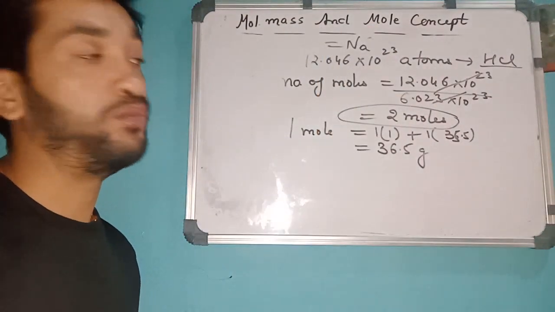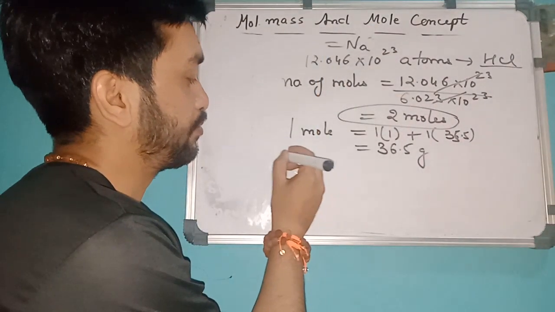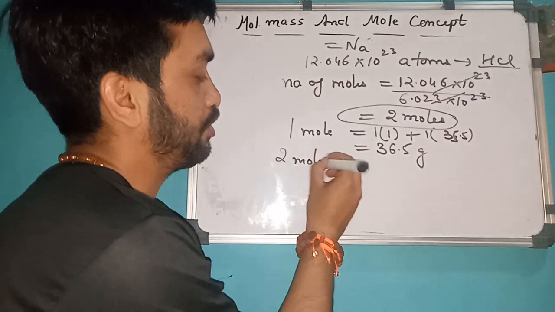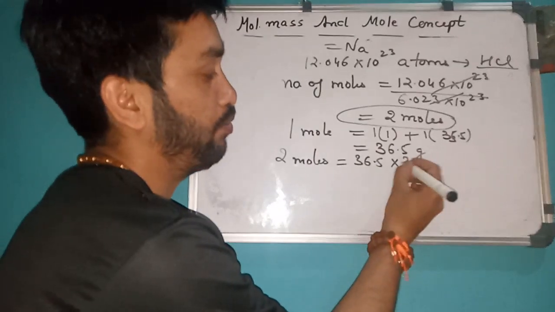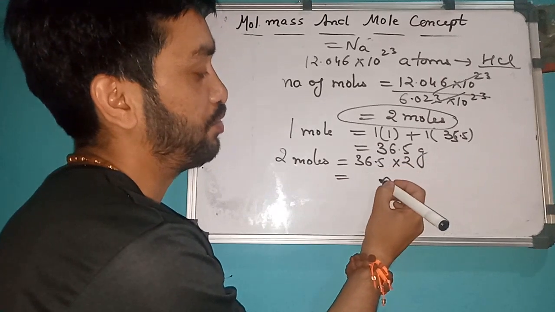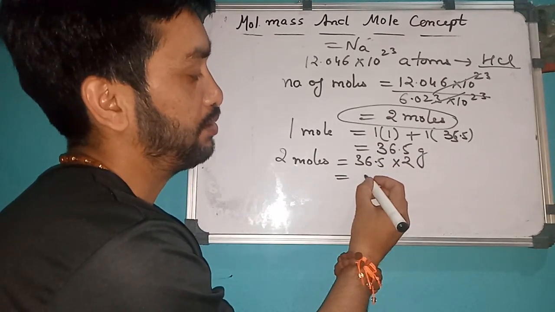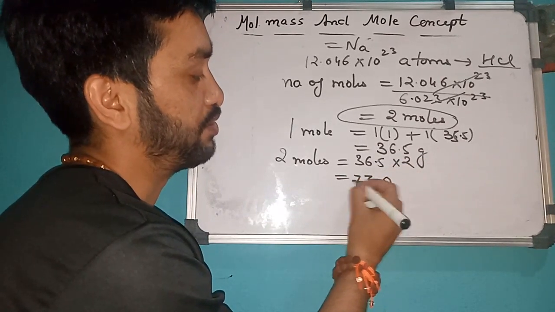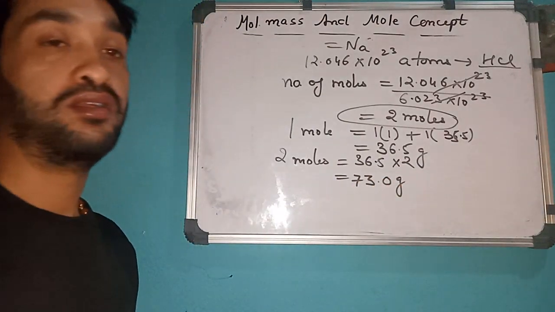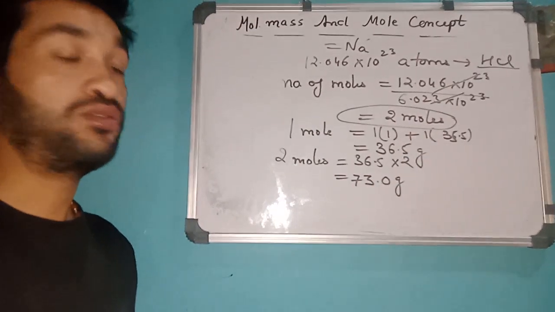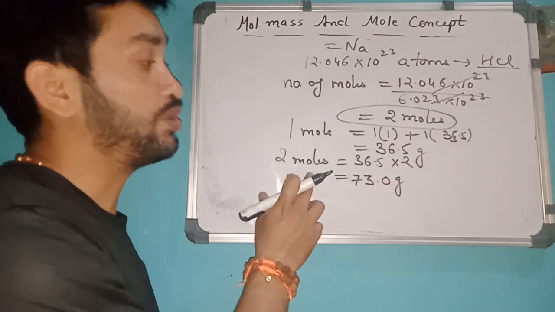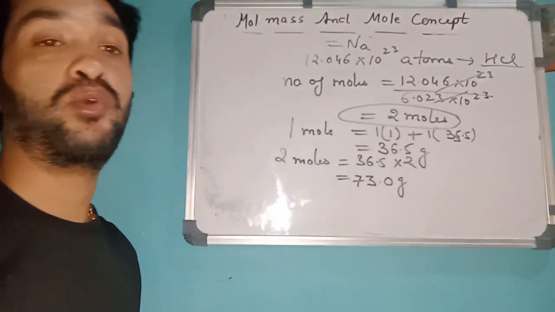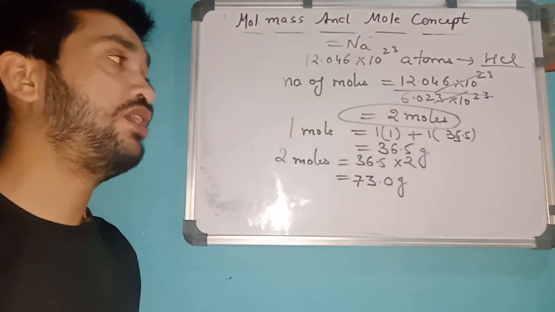It means that 2 moles is equal to 36.5, which is 1 mole, multiplied by 2. It will be equal to 73.0 gram. We got the answer. So 2 moles of hydrogen is 4 gram, 2 moles of HCl is 73.0, simply 73 grams.